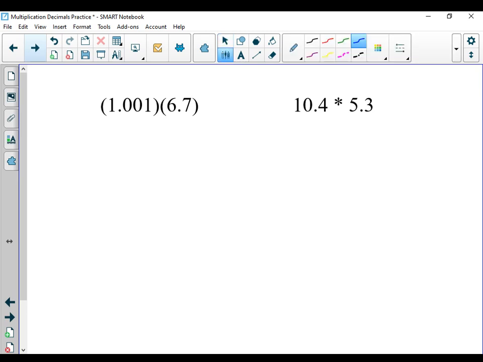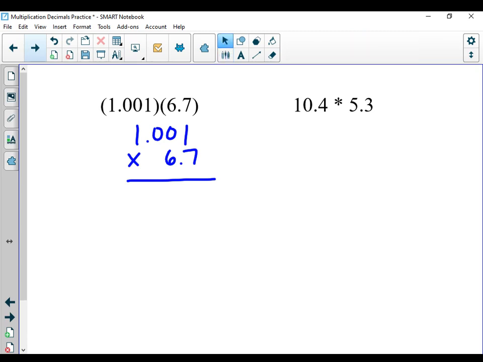Here's my top 2 boxes. Longer number on top. Do not line up the decimal. It's harder. Pretend like there are no decimals when you multiply. Pretend like those decimals aren't even there.